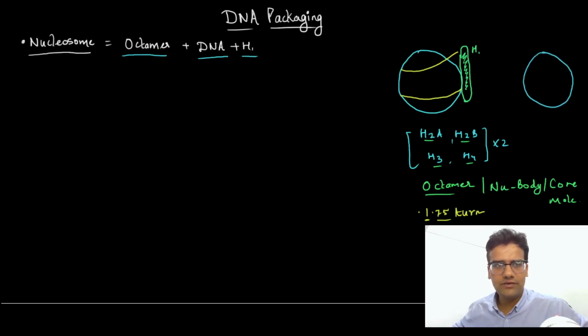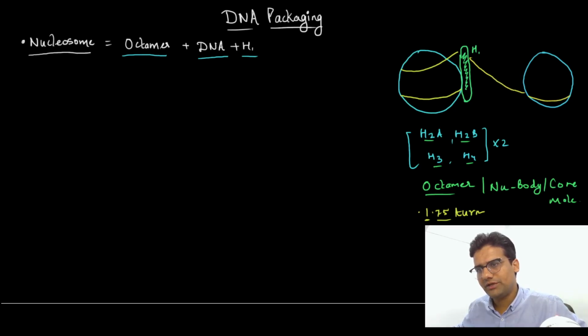The DNA which is present between these two octamers is what we call linker DNA. It will complete similarly 2 turns and then there will be histone protein. So this DNA here is what we call linker DNA.